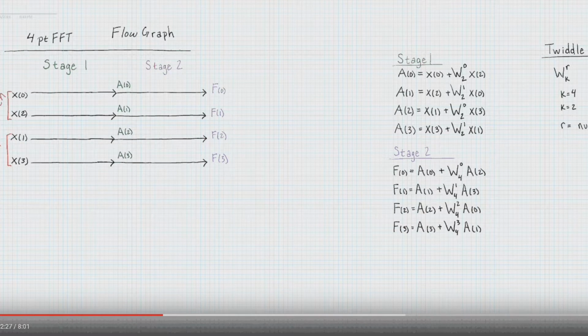So I'll move back over here to our flow graph, and we'll start writing out how we solve. Say for A of 0, we can look over here at our equation, see that it's a straight mapping of our x of 0 over, and then our x of 2 multiplied by our twiddle factor, and the same would be for our A of 1.